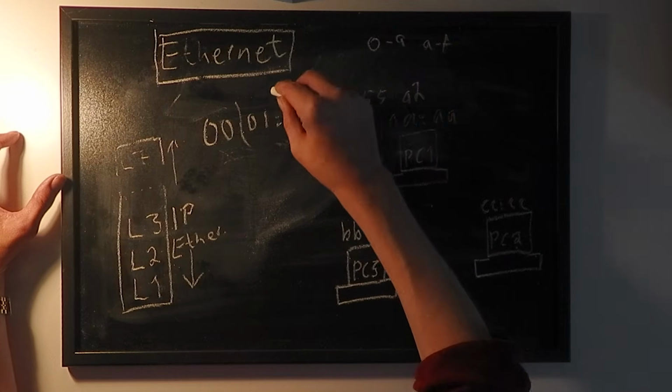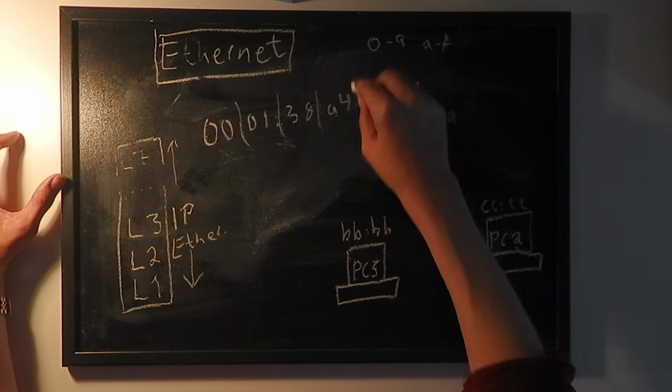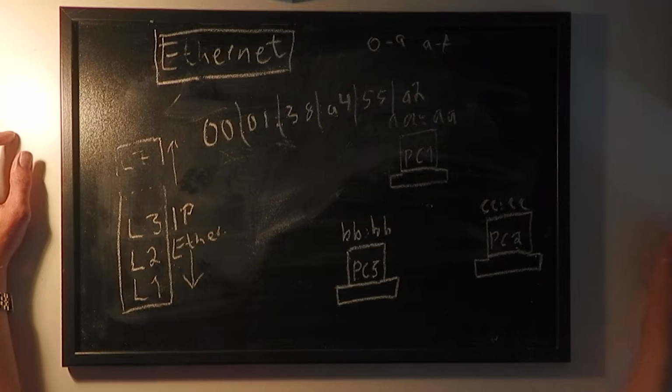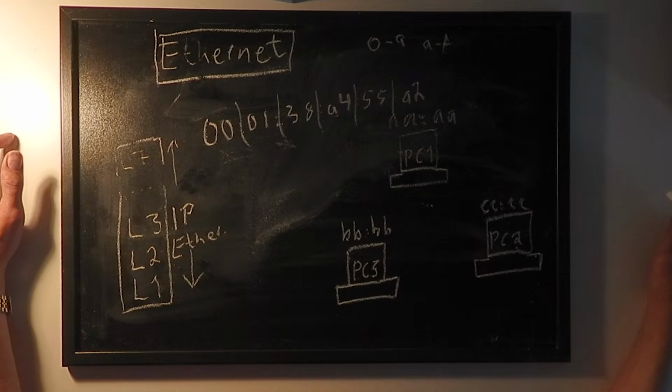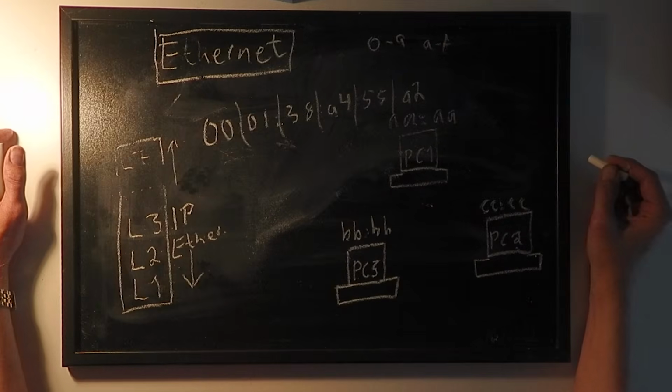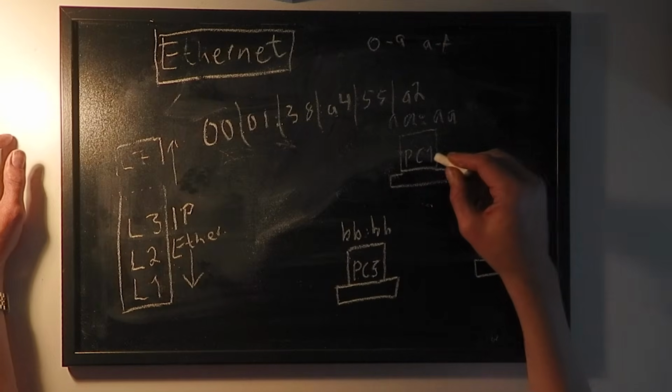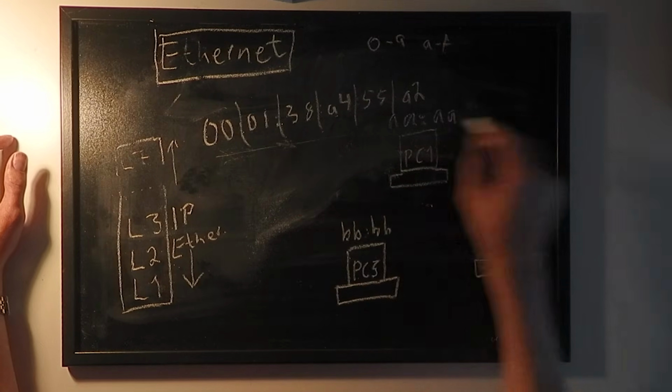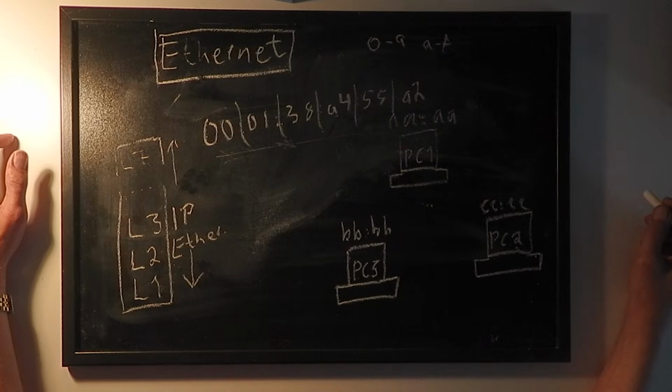So this is the contents of a MAC address. And a MAC address is designed so it's globally unique in the world. Every new PC which is manufactured, or network card, will have one of these addresses burned into the circuit. And you can't physically change the MAC address.